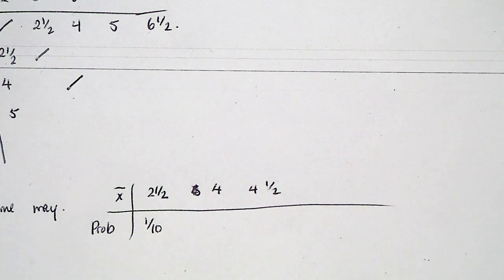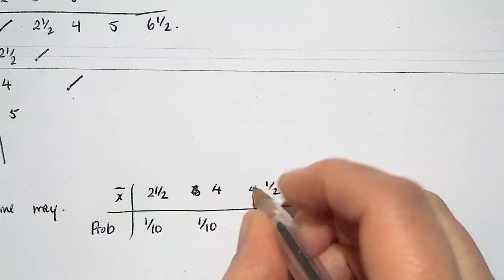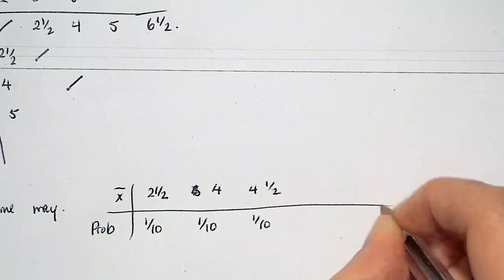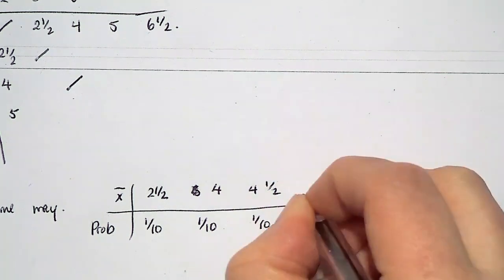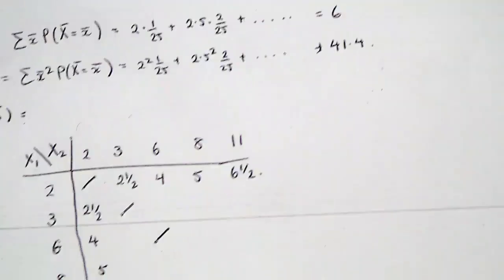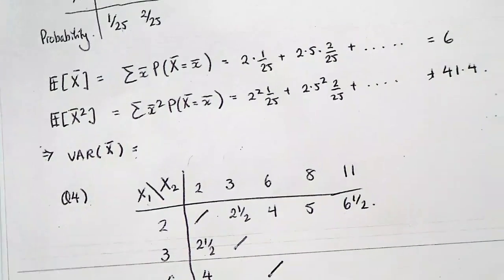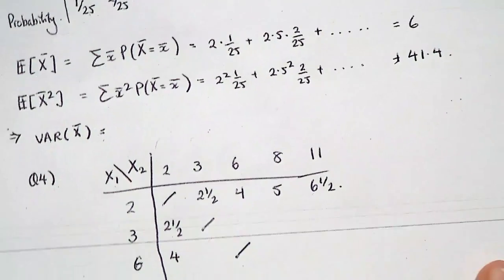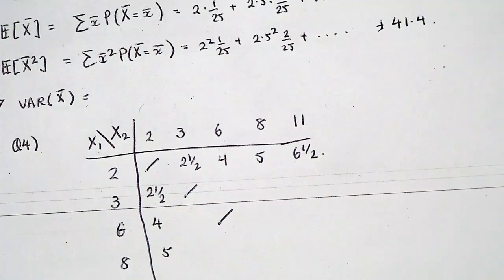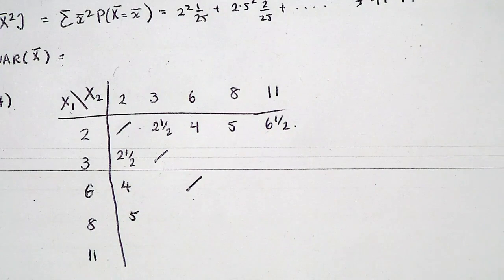So quite a lot of the probability is simplified to something over 10, 1 or 2 over 10. And we can find the mean of the sample means and the variance of the sample means in exactly the same way.